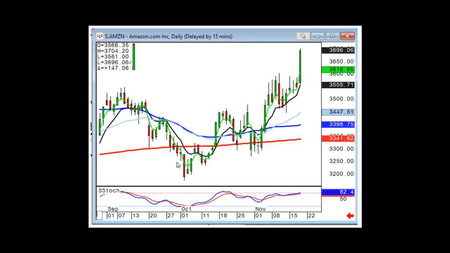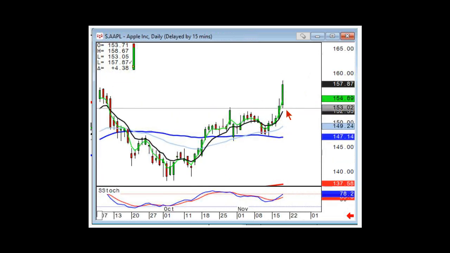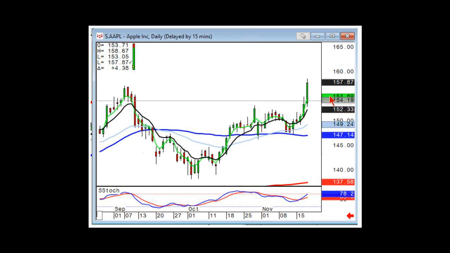But I would suspect wave 1, wave 2, wave 3 is in progress. Apple, kind of the same thing, down through that level. But what's our assumption based upon knowing what patterns are setting up? Wave 1, wave 2, bouncing right off the 50, wave 3, and where did this close today? I think at an all-time high.